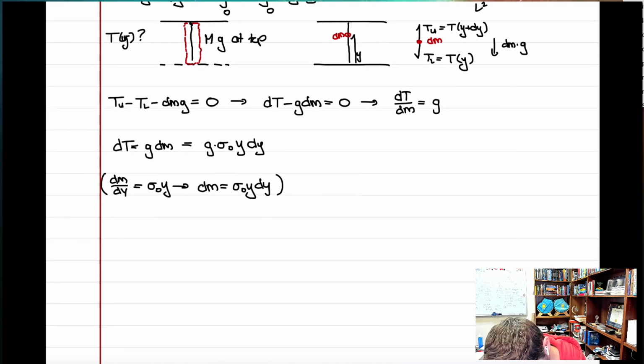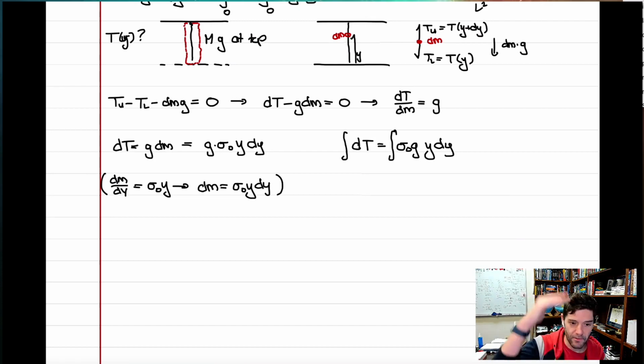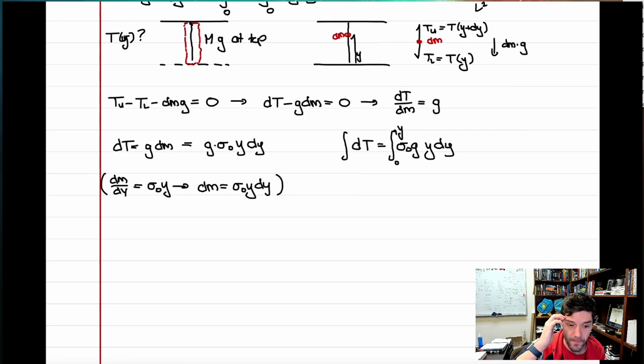Actually, I'll just recopy it. And then ultimately, I can integrate. I want to go up to some arbitrary location, so I'll just write this as starting from the bottom, 0, and going up to y. Then the limits have to match.